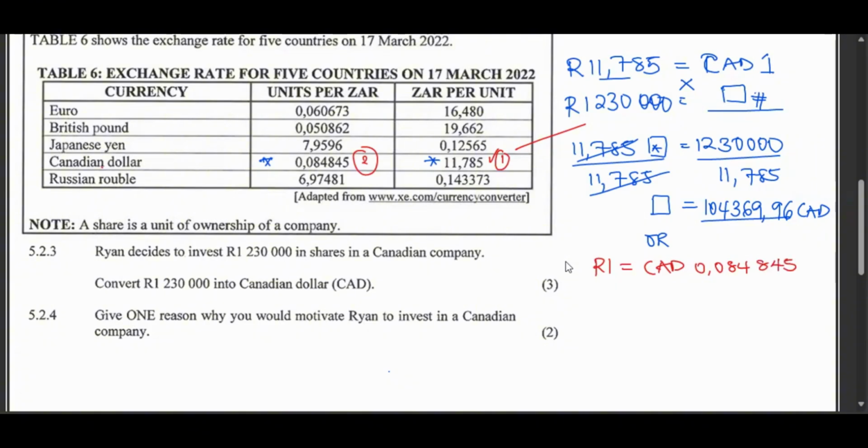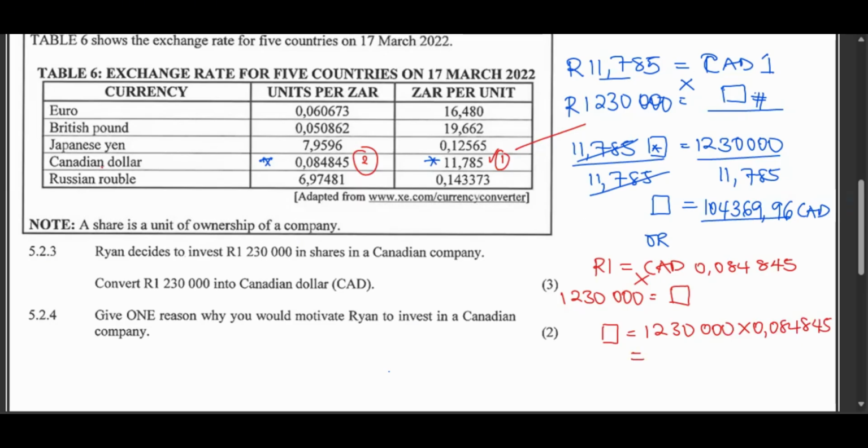So we don't have 1 rand, however, we have 1,230,000. What will it be in Canadian dollars? What do we do? Cross multiply. Now take note, 1 is multiplying the unknown, so it remains an unknown. Then the answer will be 1,230,000 times 0.084845.